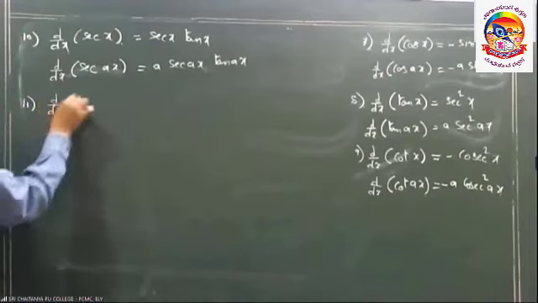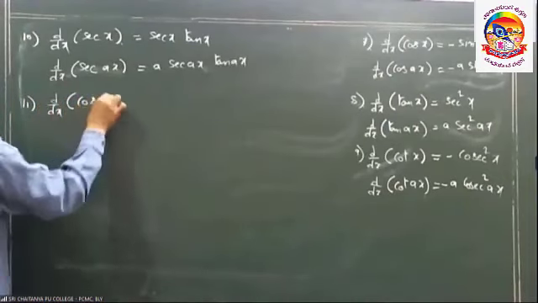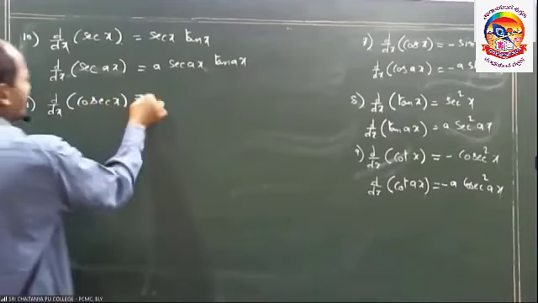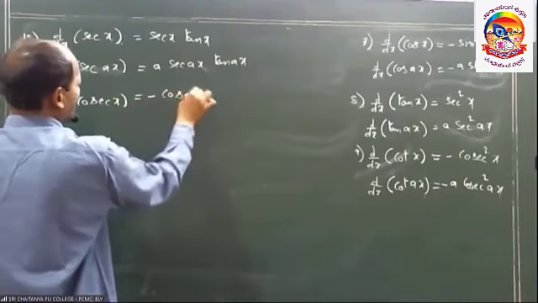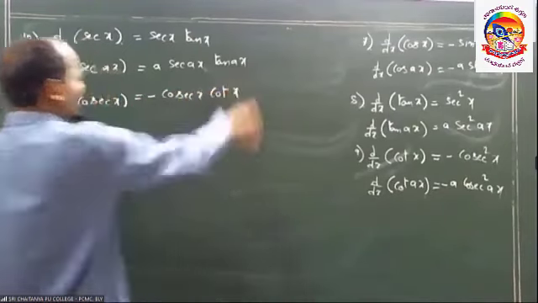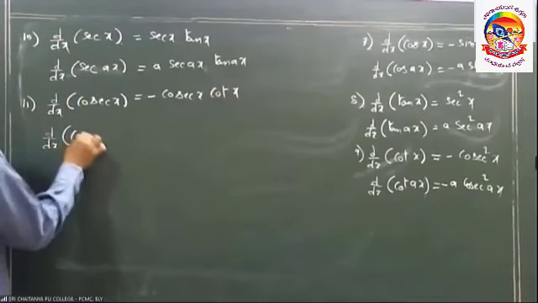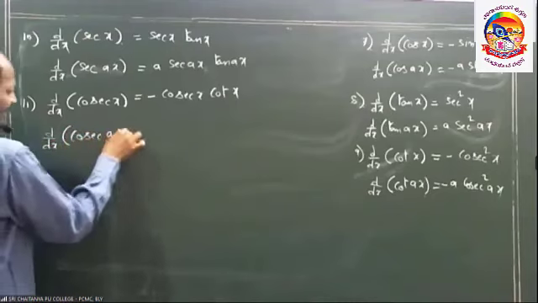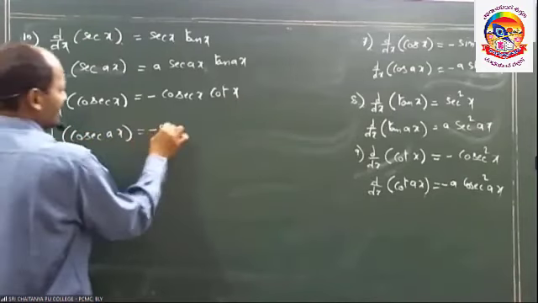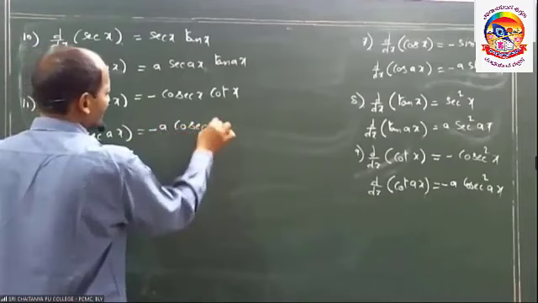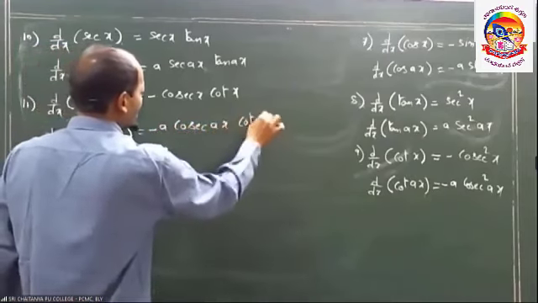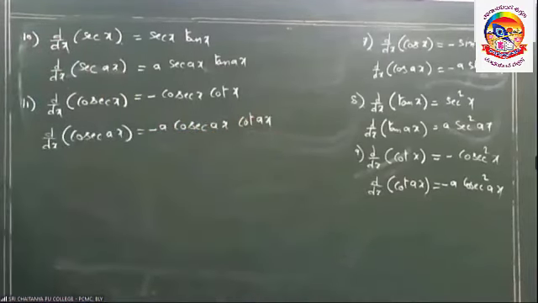Derivative of cosecant x is minus cosecant x into cot x. Next, derivative of cosecant ax is minus a cosecant ax into cot ax.